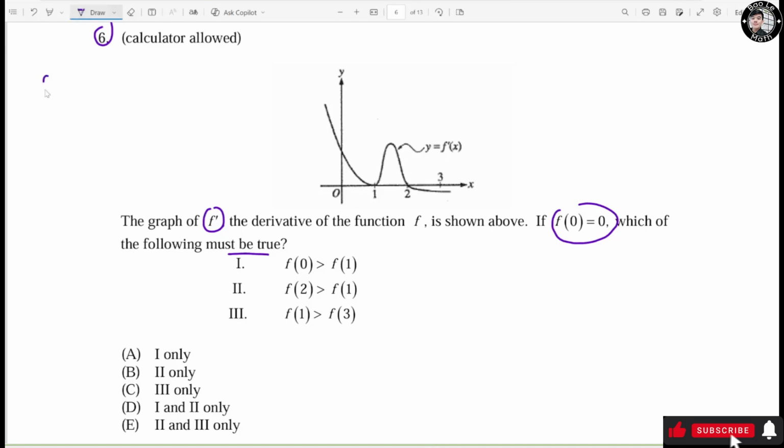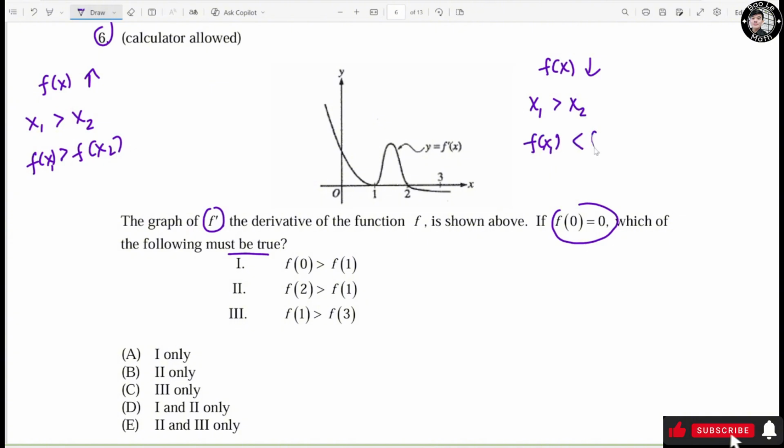If the function f of s is increasing, then if you have s1 greater than s2, f of s1 must be greater than f of s2. If the function f of s is decreasing, then if you have s1 greater than s2, then f of s1 must be less than f of s2.